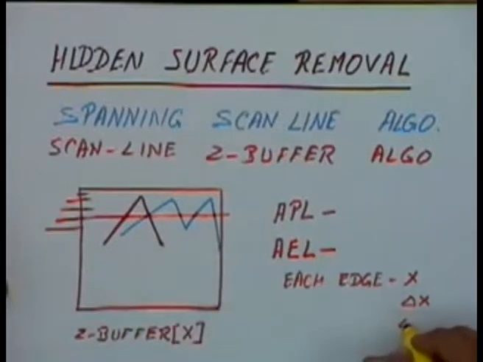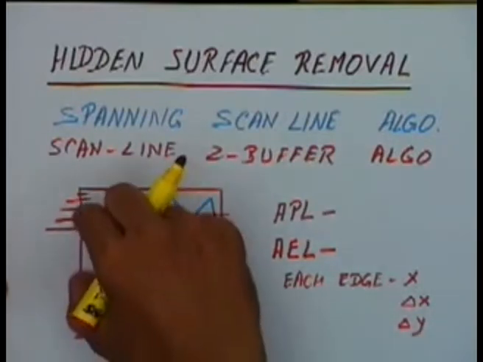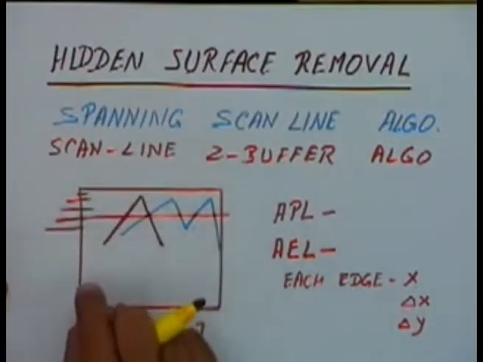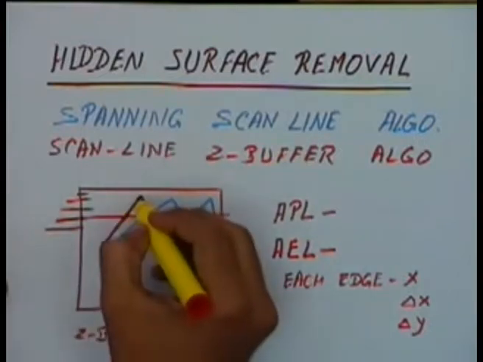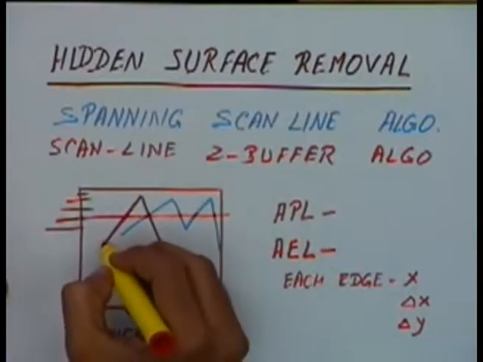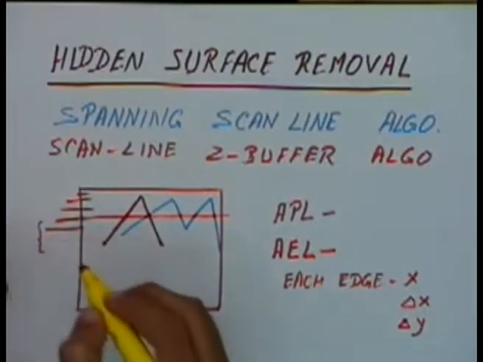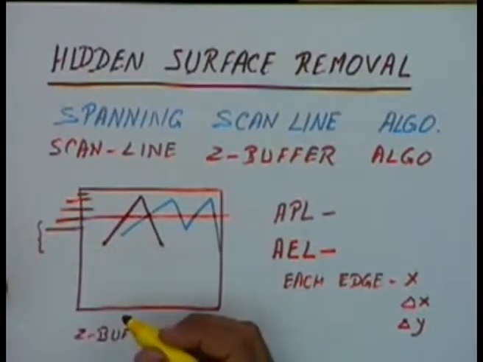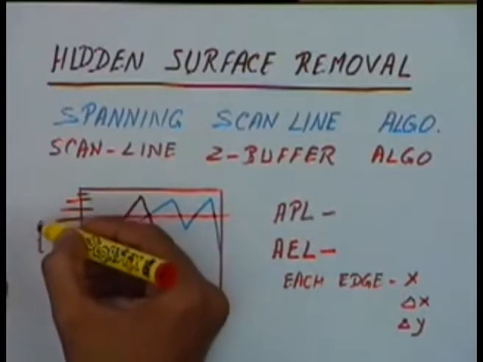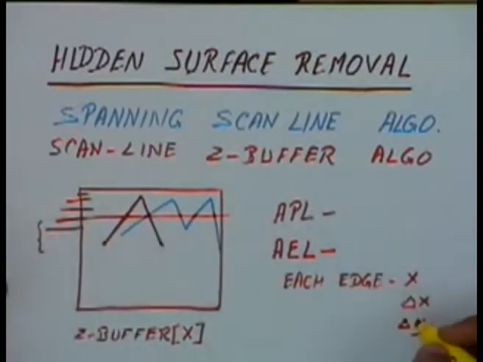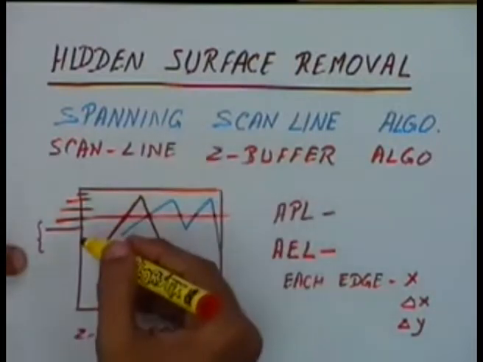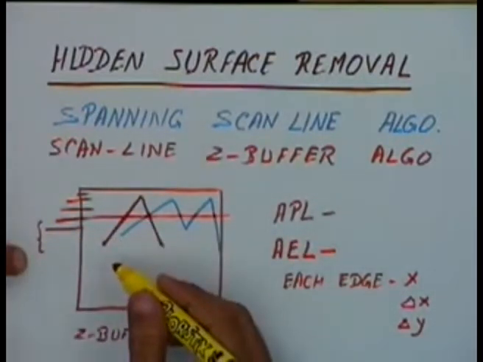And we are keeping track of delta y, that was the remaining number of scan lines left for that edge. Let's say if I am considering this edge and this edge ends over here, then delta y would correspond to the number of scan lines in this portion. Every time we go from one scan line to the next, we decrease delta y by 1, and the moment delta y becomes 0, that edge is deleted from the active edge list.